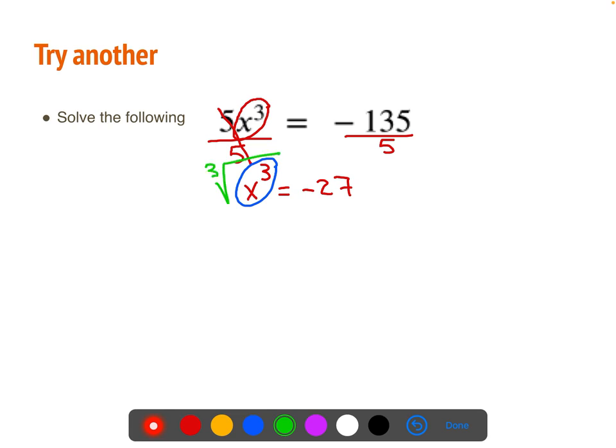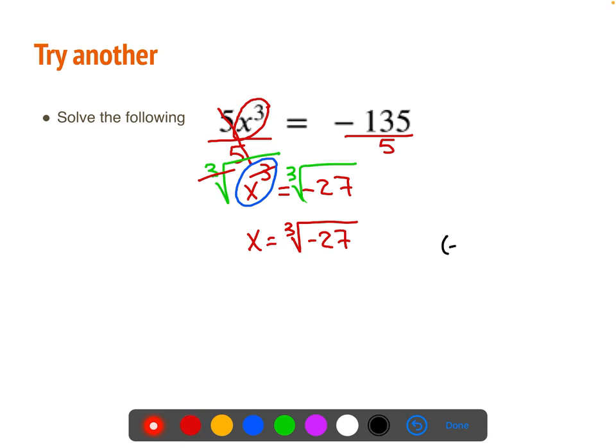Yes, he is. Since he is, we're going to cube root both sides. That's the inverse, it's cube rooting. So cube root and cube cancel. So it gives me x equals the cube root of negative 27.